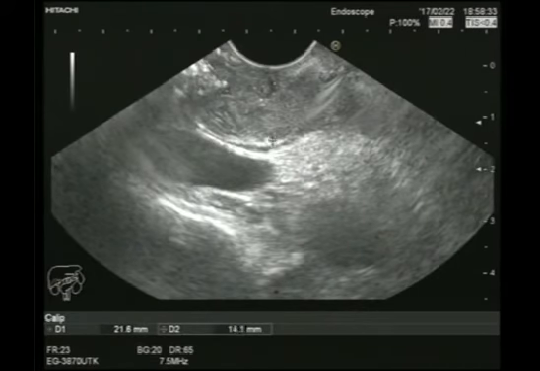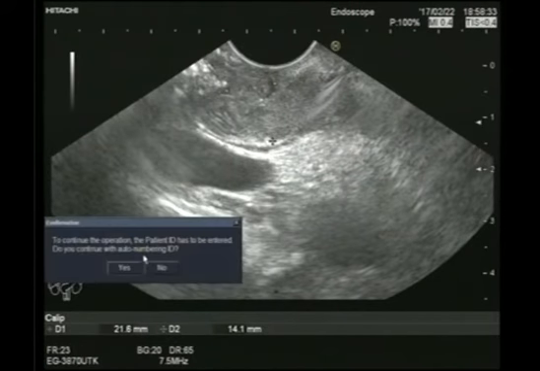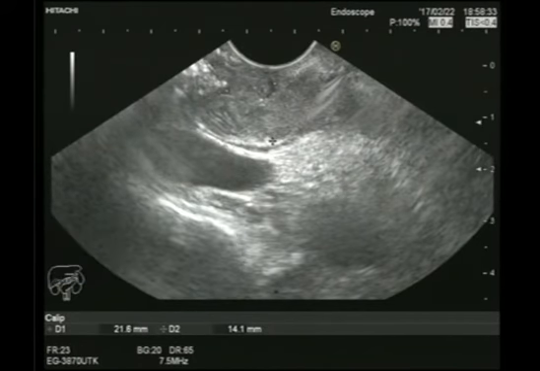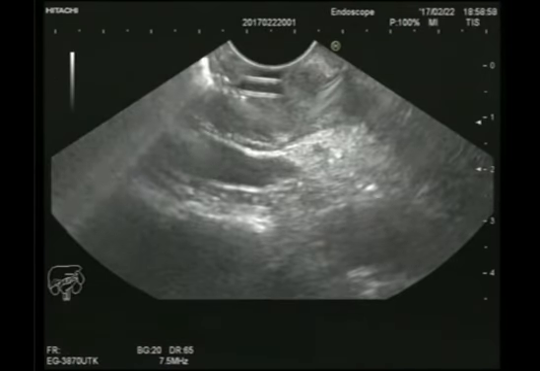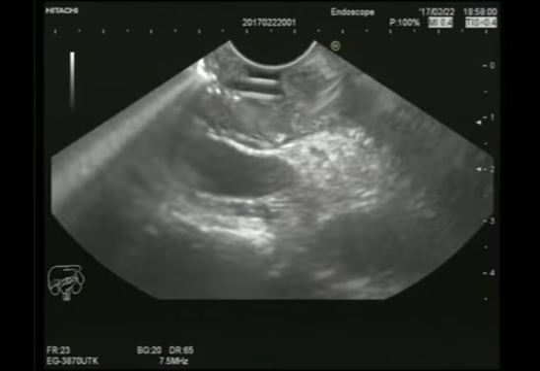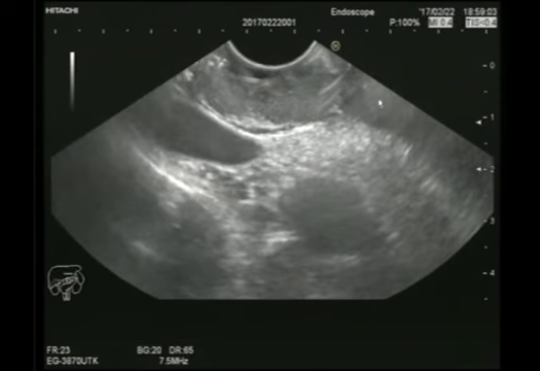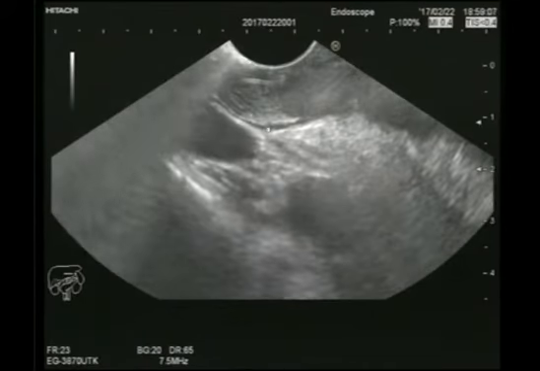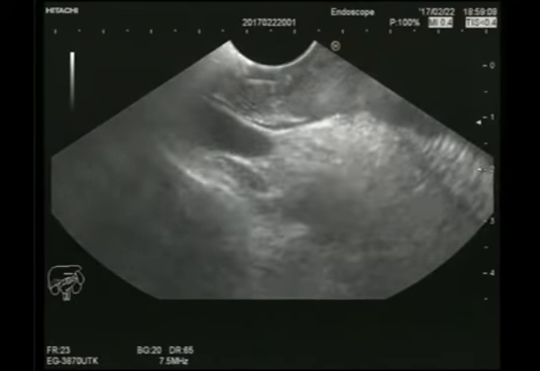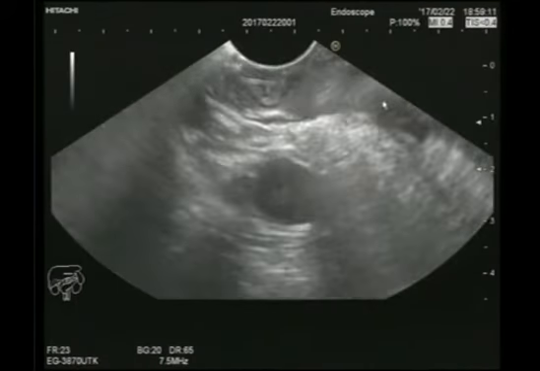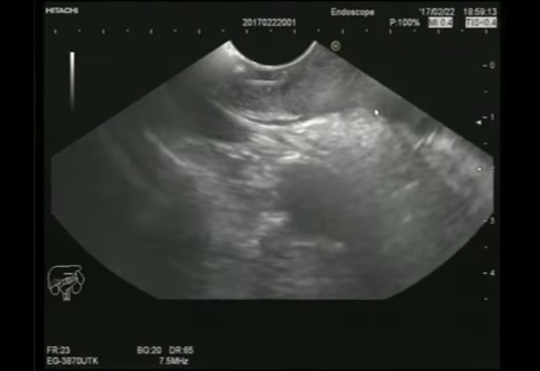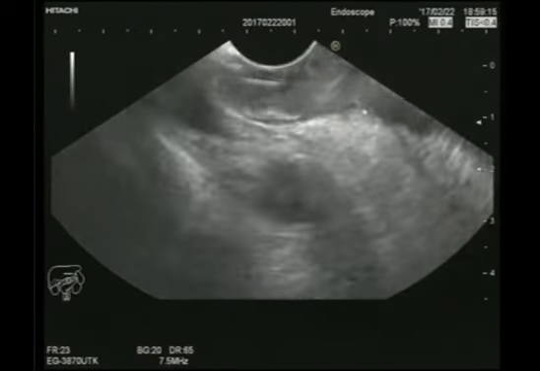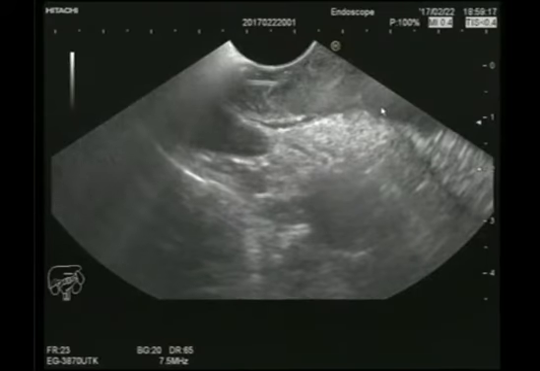It is quite a large mass actually, and it is invading the muscularis propria. For papillary tumors, staging is like this. If it does not invade the muscularis propria, it is stage 1. If it invades the muscularis propria, it is stage 2. If it invades the common bile duct or pancreatic duct or both less than 2 centimeters, it is stage 3.